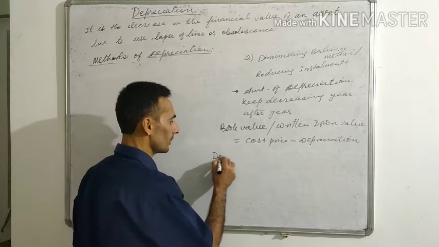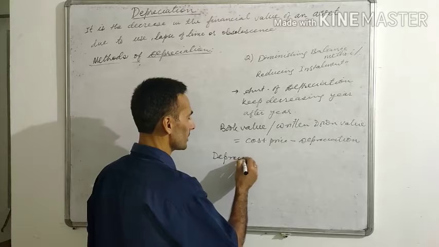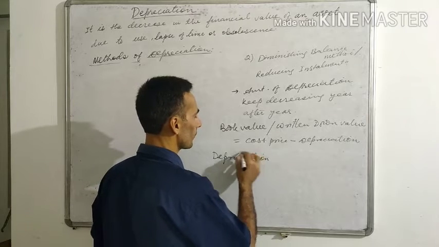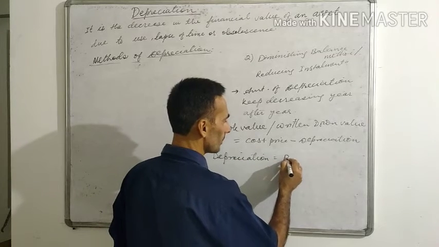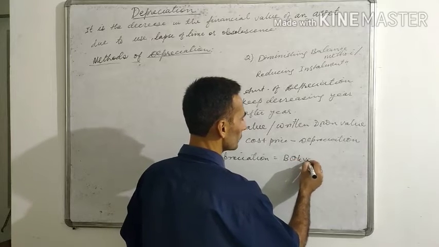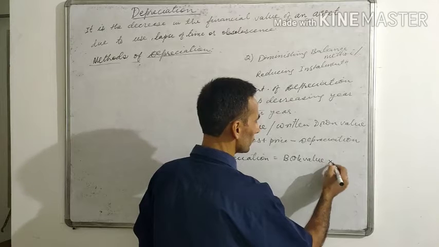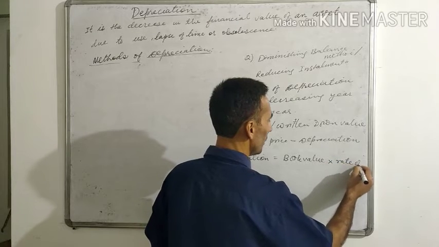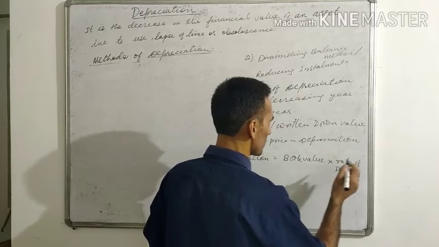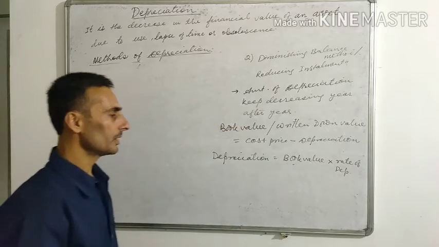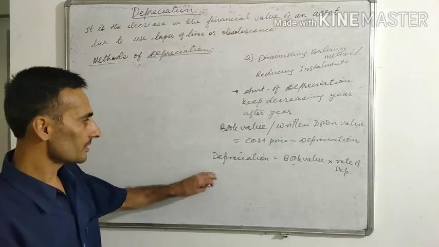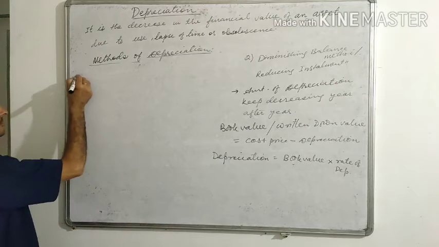Now the formula to calculate depreciation here: depreciation is equal to book value into rate of depreciation. Now let's take an example to understand this.